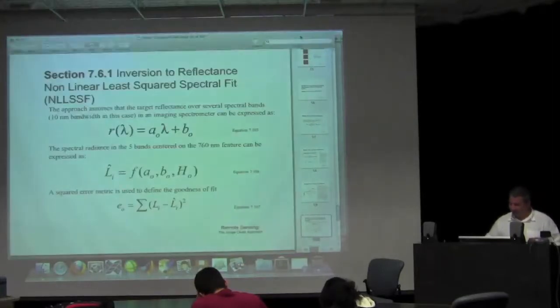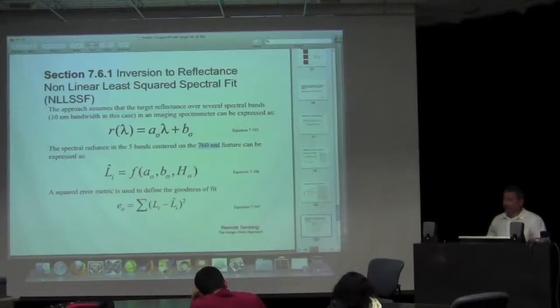So let's say that's true. Now, this particular technique takes 5 consecutive spectral bands centered around 760 nanometers. This is a different wavelength region. This is actually an oxygen absorption that exists here.